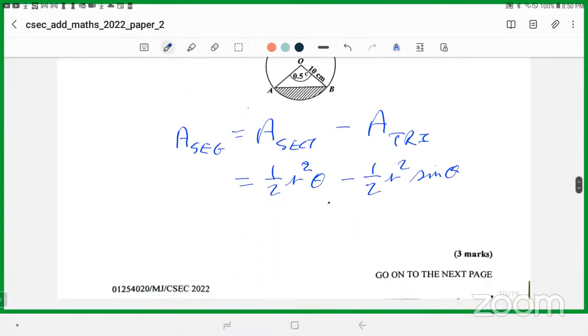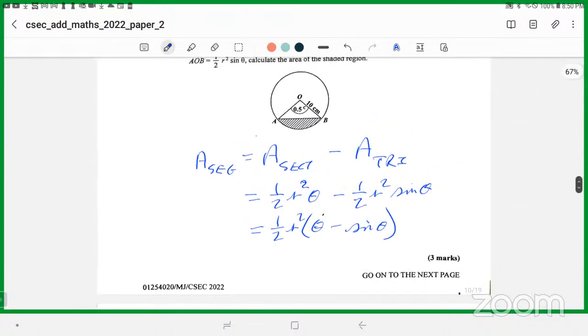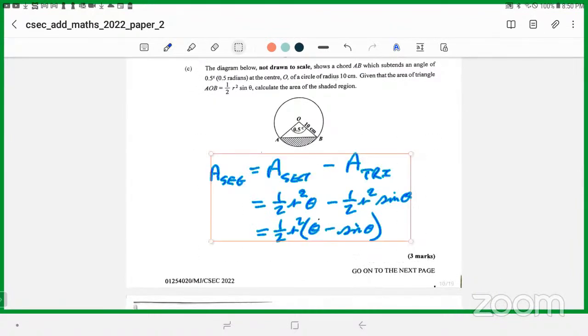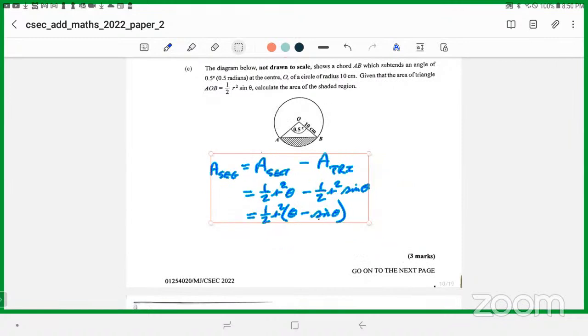And we can factorize the half r squared, so we get half r squared into theta minus sine theta. Let me make this a little smaller and then we can put in the numbers.